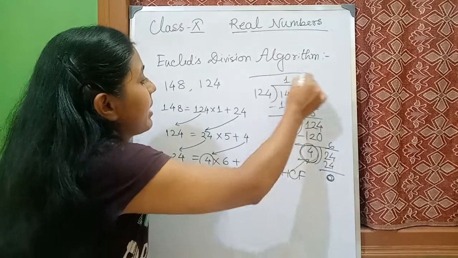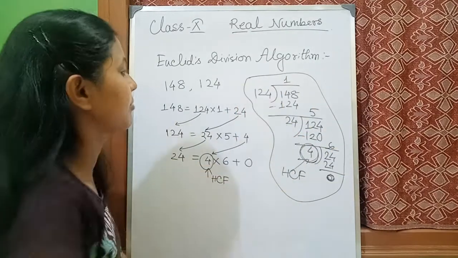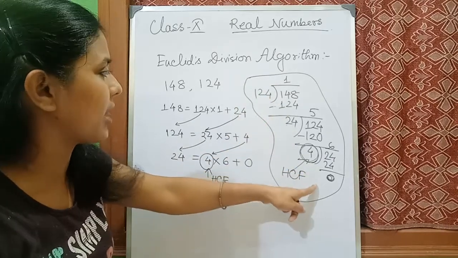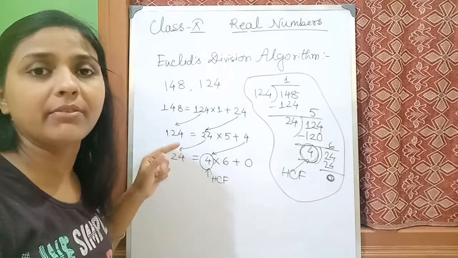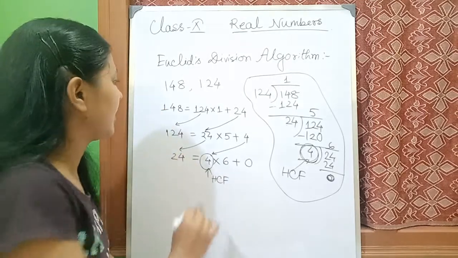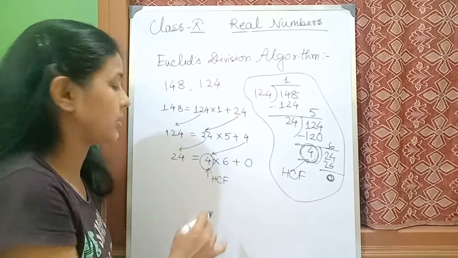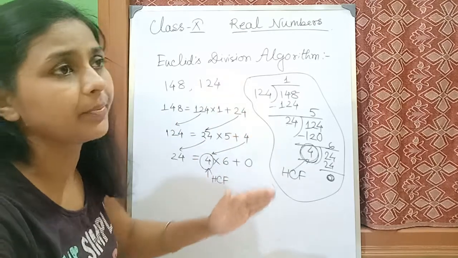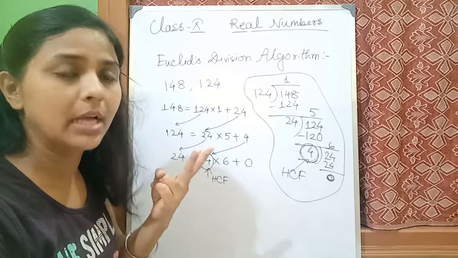So now you have understood why I told you to do it in rough, because this is a very well known process. So if you are writing it in the rough, then writing these steps will be very easy. Okay, so I hope you all have got the idea how we are doing it. This is Euclid's division algorithm, which is to find out the HCF of two numbers.